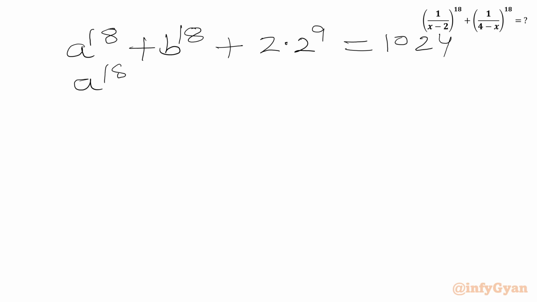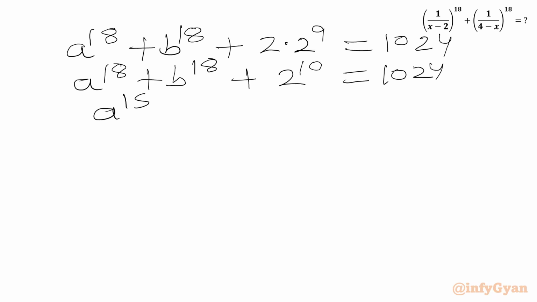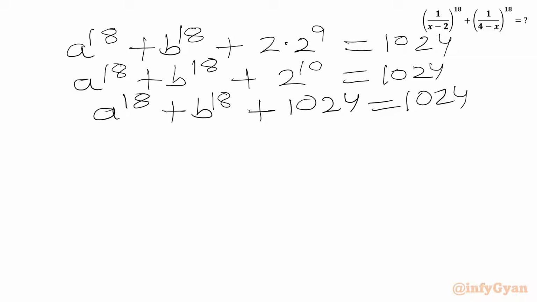We can write a power 18 plus b power 18 plus 2 power 10, and 2 power 10 is 1024, equal to 1024. Now we will subtract 1024 from both sides. We will get a power 18 plus b power 18 equal to 0.